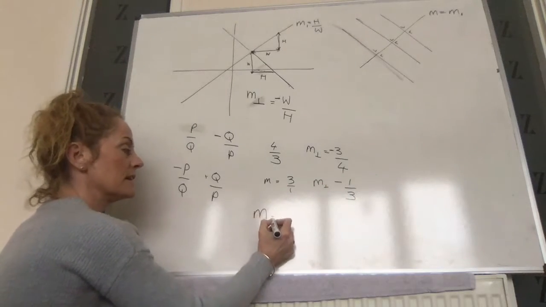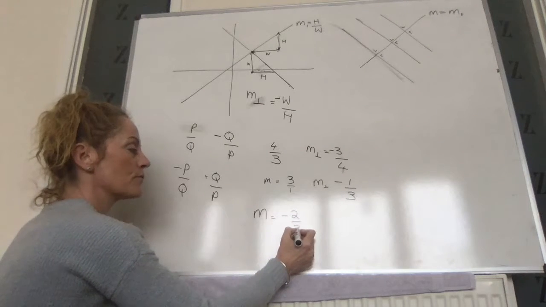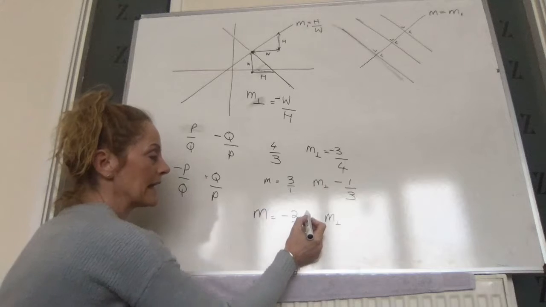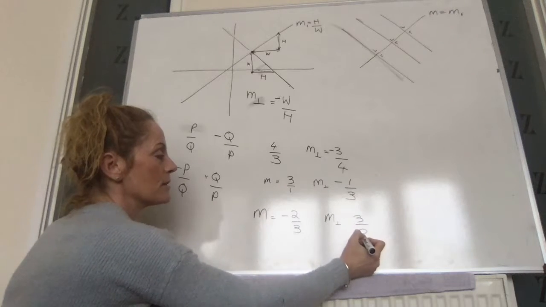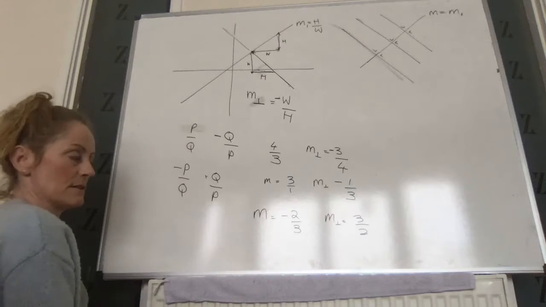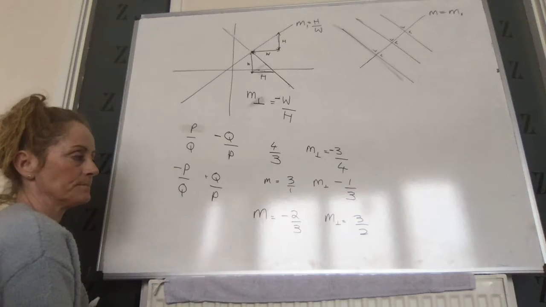If the slope of a line is minus 2 over 3, then the slope of the line perpendicular, again, we get the reciprocal, and we do the opposite sign. So in this case, that's a positive slope, because this was negative.